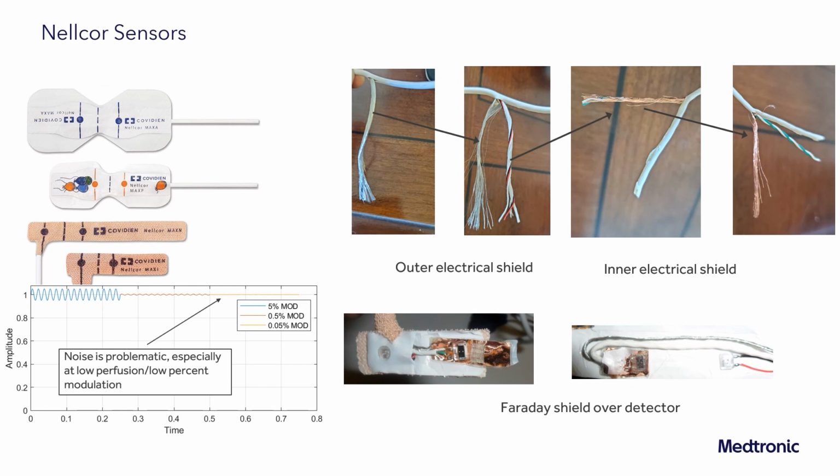So when that Faraday shield is folded over the detector lines, those conductors, it has 100% coverage of shielding all the way from the detector to the board. And it's with this, by shielding these optical signals, we're able to measure all the way down to 0.03% modulation.